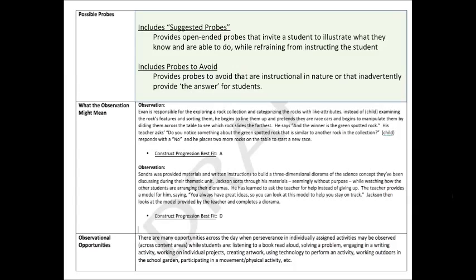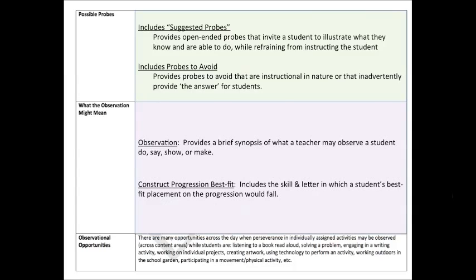The next section is what the observation might mean. In this section, you're going to find an observation, which is a brief synopsis of what a teacher may observe a student do or say or show or make. Then it links back to the progression. What is the best fit? Based on the information that I've noticed during this observation, where might the student fall along that progression?